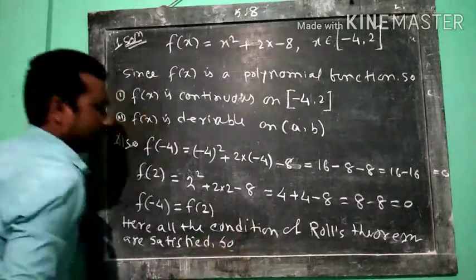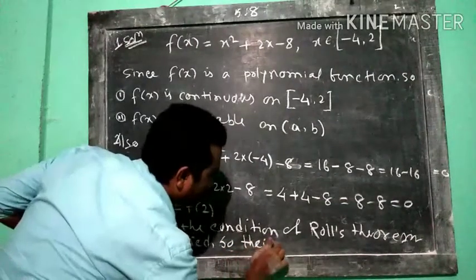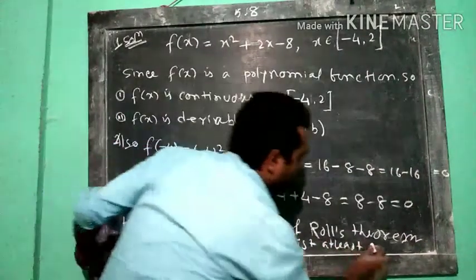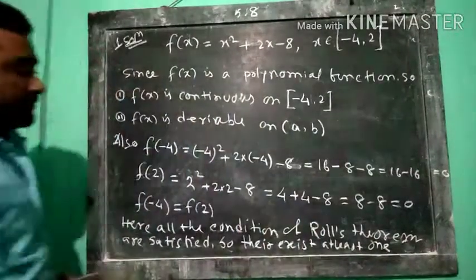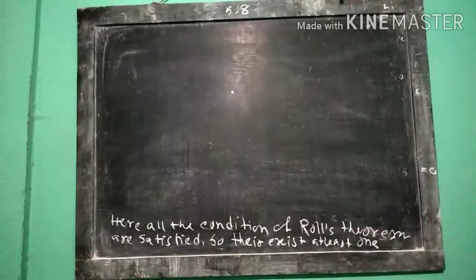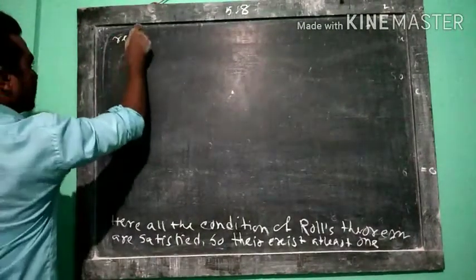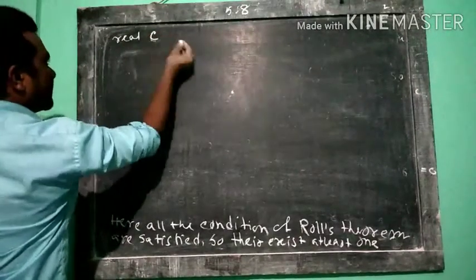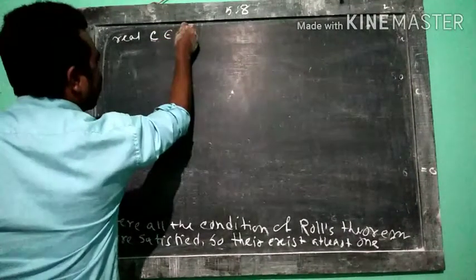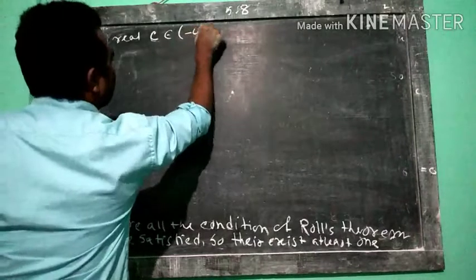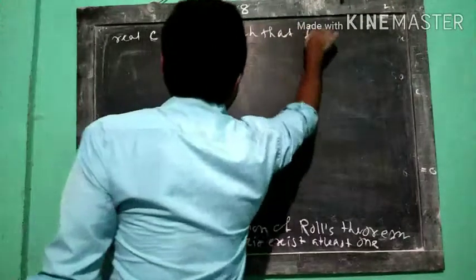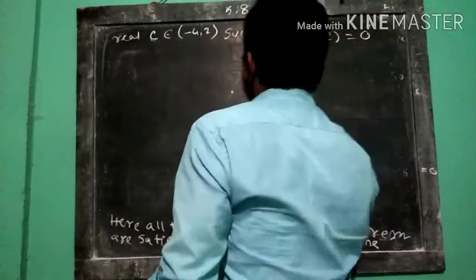So there exists at least one real c such that c belongs to the open interval (-4, 2) such that f'(c) equals 0.